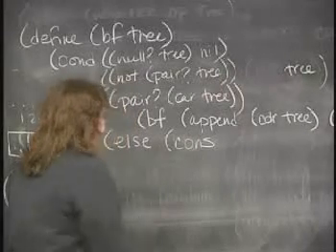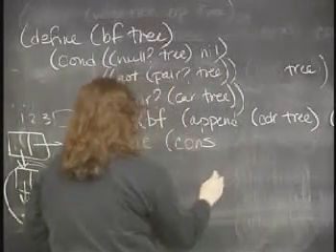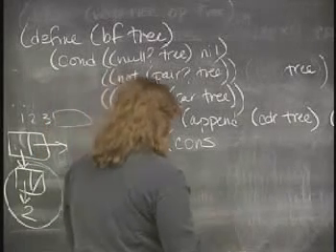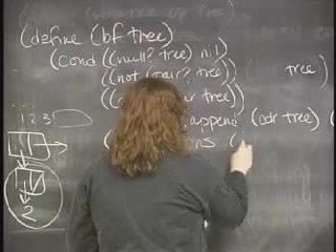I actually wrote this on the handout with append. So now we're going to cons what to what? The car of the tree onto the cdr of the tree.